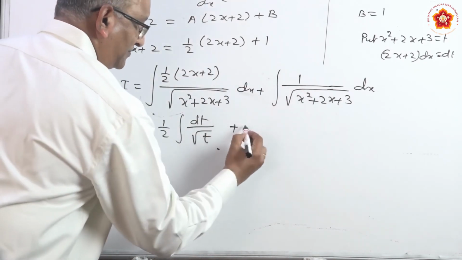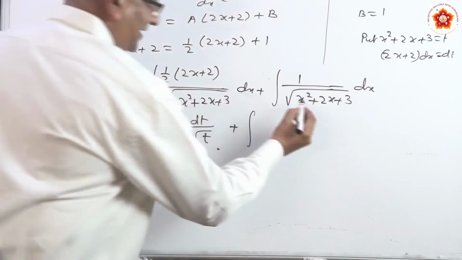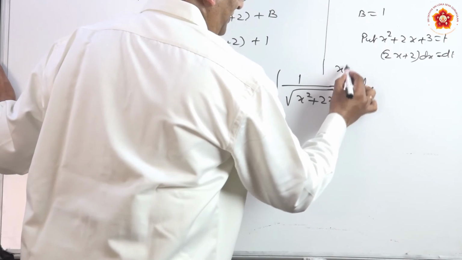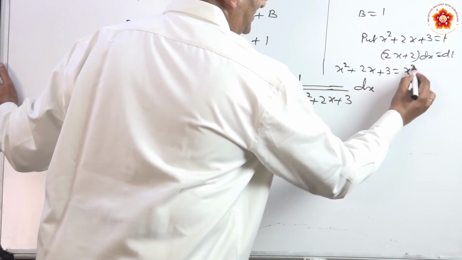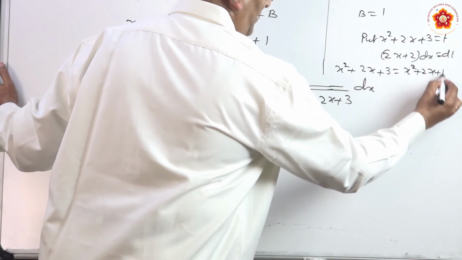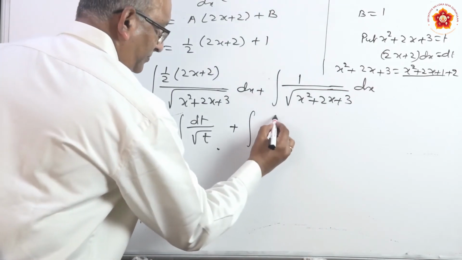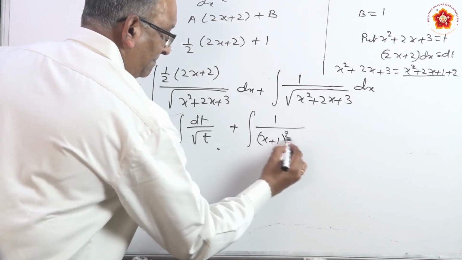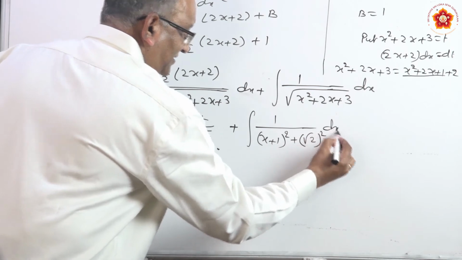And as far as the second is concerned, how do you do that? Go back to that method: sum or difference of squares. x square plus 2x plus 3 can be written as x square plus 2x plus 1 plus 2, so that this whole thing is x plus 1 whole square plus root 2 square. Why did we write it like this?